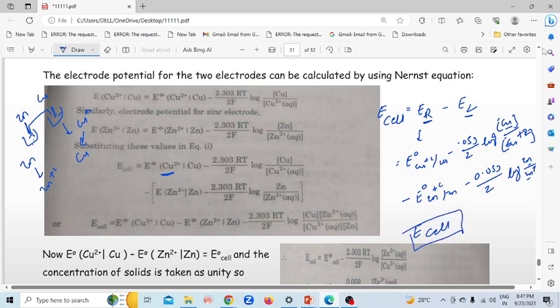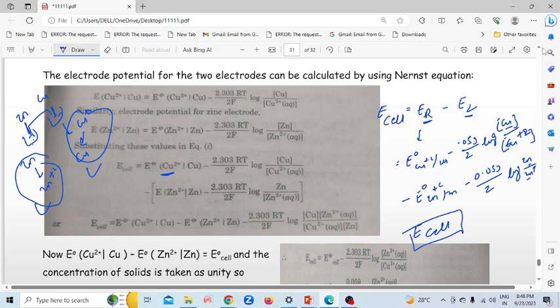So in this way you can find out the potential of the cell made by zinc and copper electrodes, with zinc as anode and copper as cathode, what concentration you took for making this cell, what temperature you are using, and on the basis of that, what is the potential of your electrochemical cell.